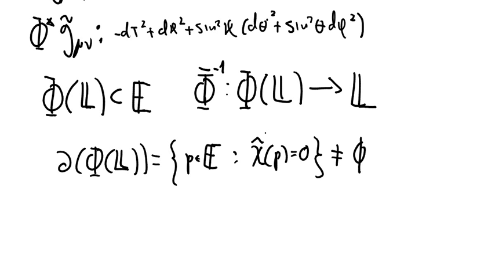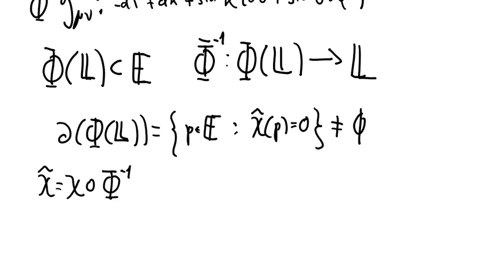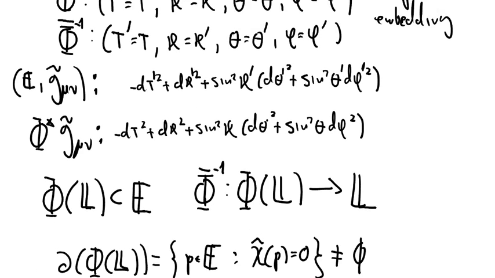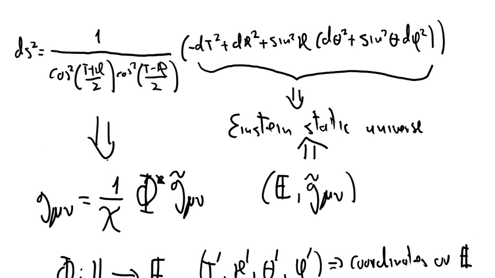So, how do we compute chi tilde? Well, this is the composition of chi with phi bar minus 1, which we know. And we also have the expression of chi. We just have to compare these two expressions, right?